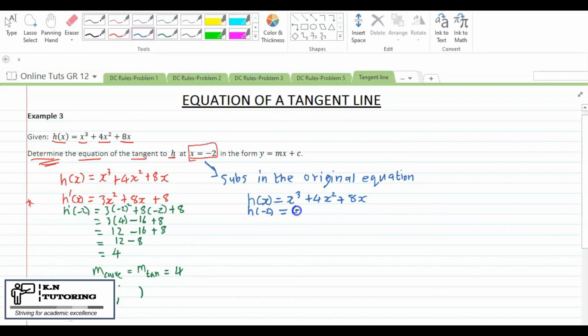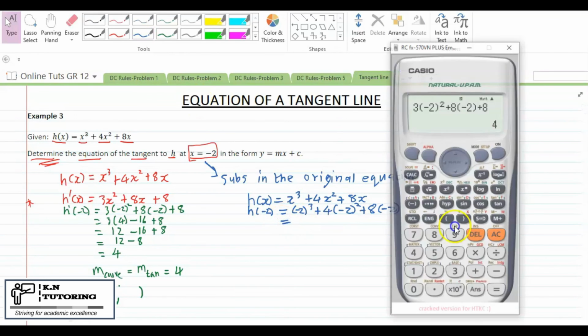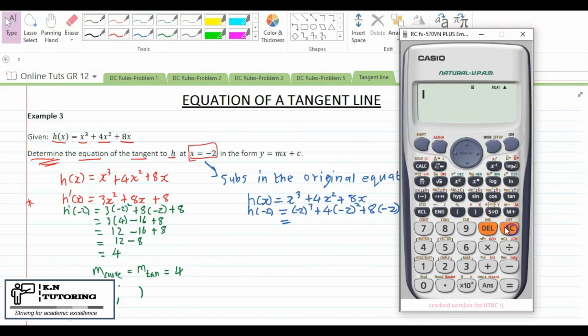It says minus 2 cubed plus 4 into minus 2 squared plus 8 into minus 2.